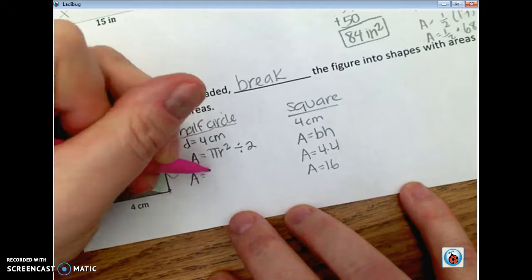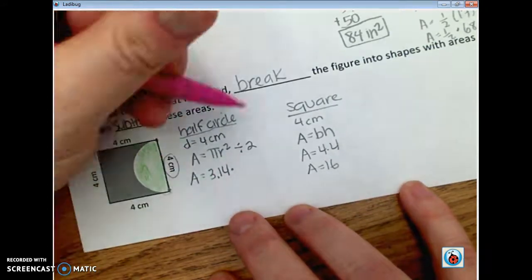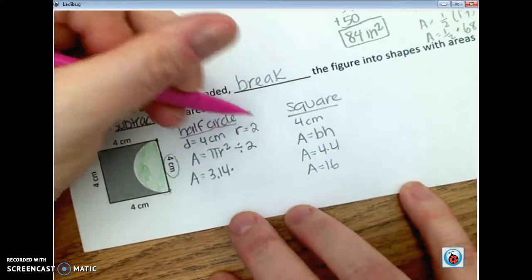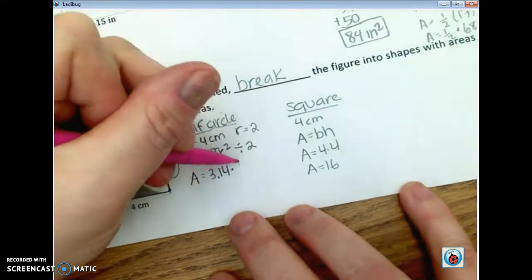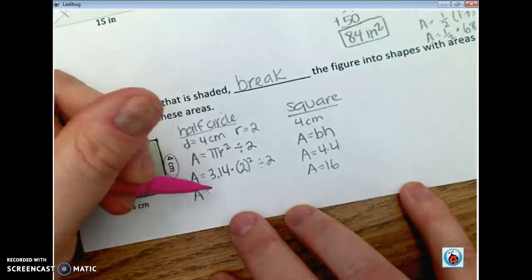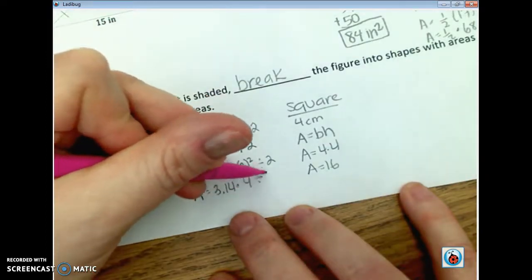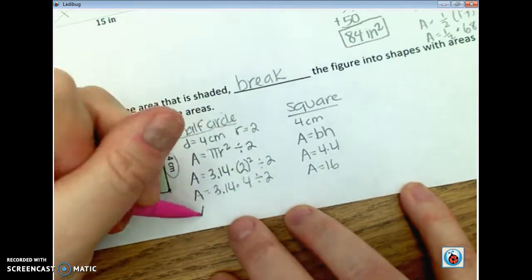So we're going to use 3.14 for pi. The radius, well, if the diameter is 4, that means that the radius is 2. So 2 squared and divide by 2. So area equals, remember order of operations, we're going to do our exponents first. And now let's multiply left to right.